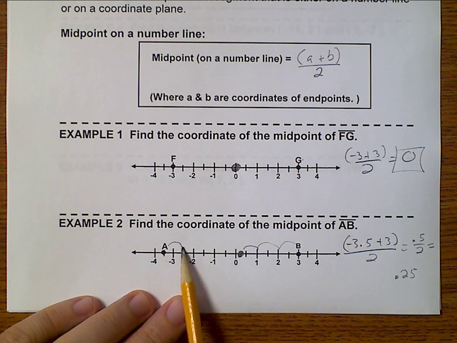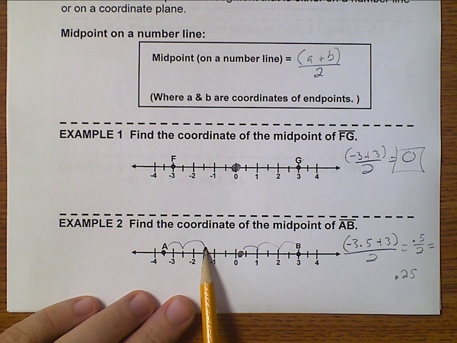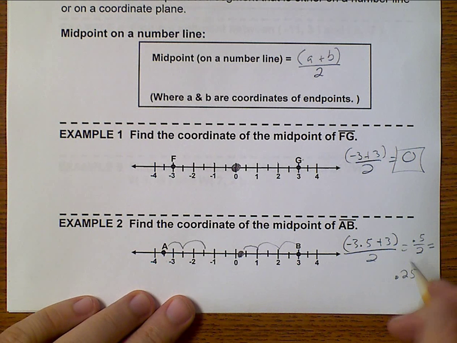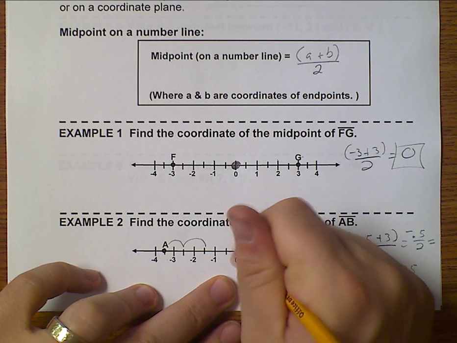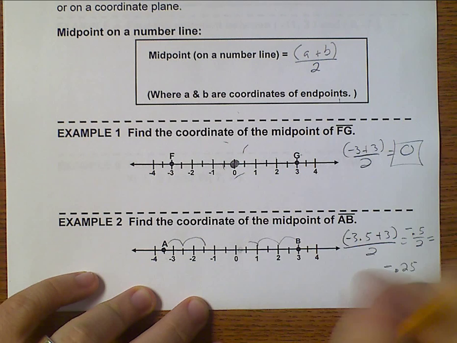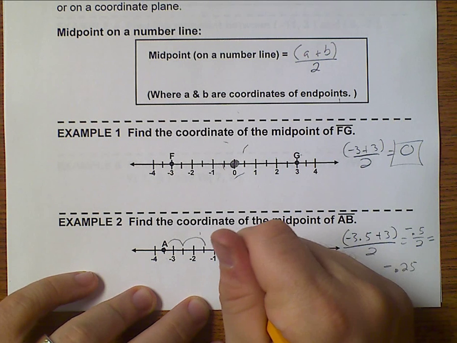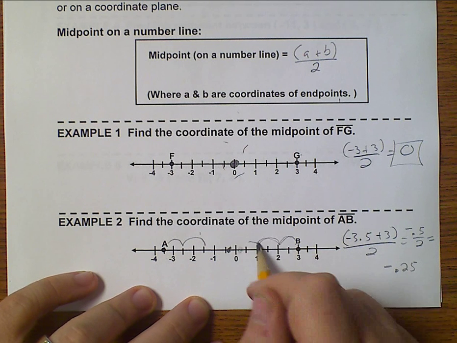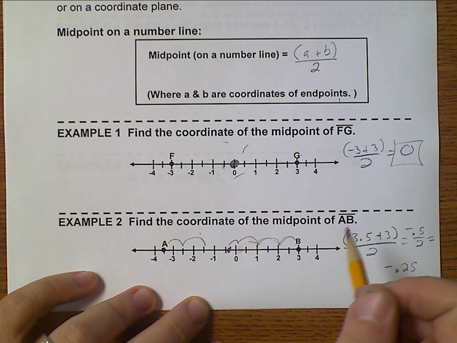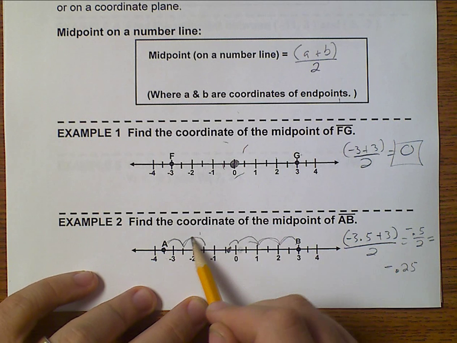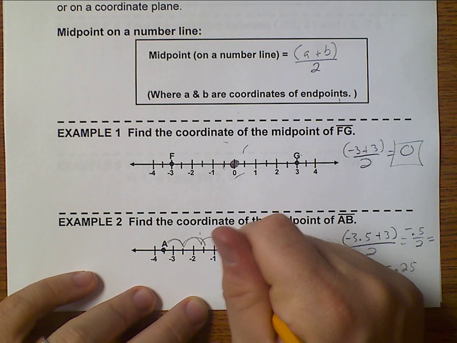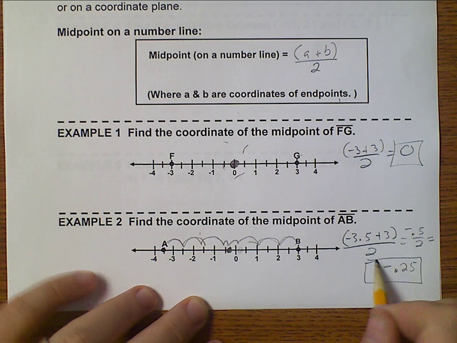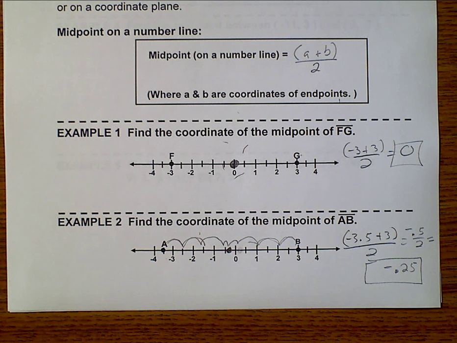Hold on. Always good to double check your answers. So this is 1, 2, 3 and a quarter. And so negative 0.25 is in fact our midpoint.